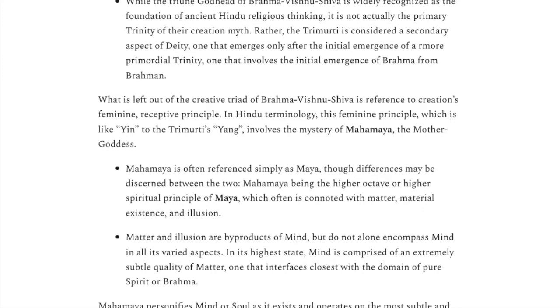Mahamaya is often referenced simply as Maya, though differences may be discerned between the two. Mahamaya is the higher octave or higher spiritual principle of Maya, which is often connoted with matter, material existence, and illusion, or the falling into illusion.